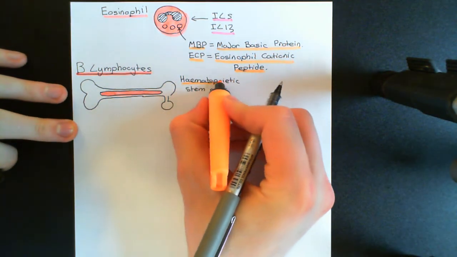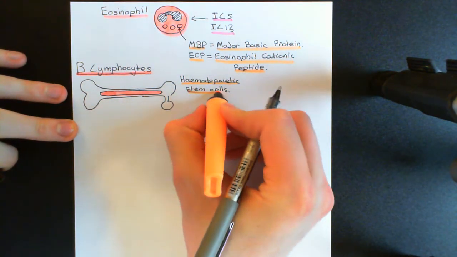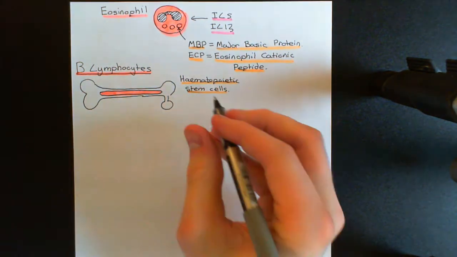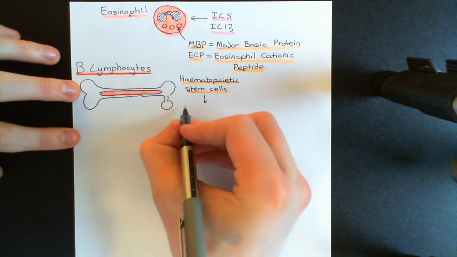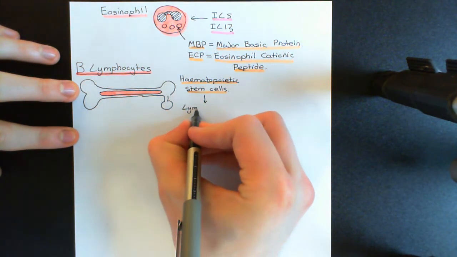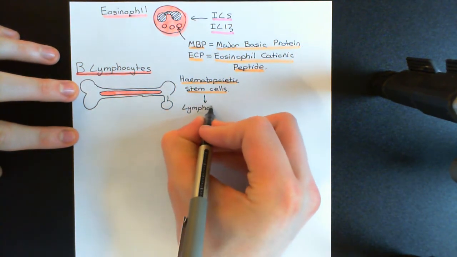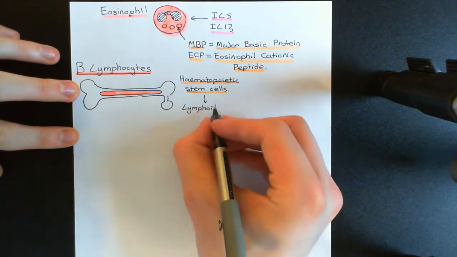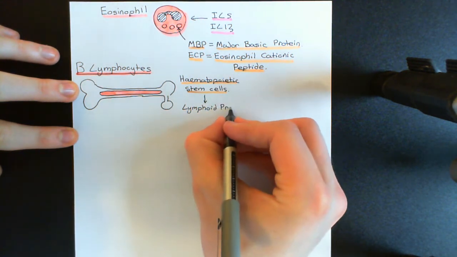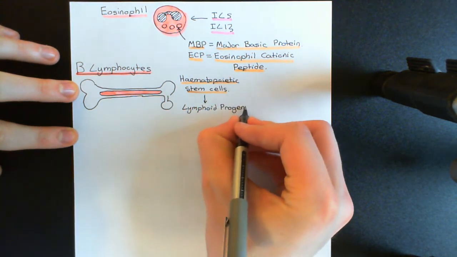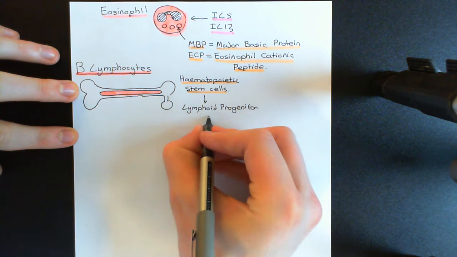Okay, so within the bone marrow we will have these hematopoietic stem cells, and these are going to give rise to lymphoid progenitor cells, and it's the lymphoid progenitor cells that not only produce us T lymphocytes but also produce us B lymphocytes. So these are the precursors to both T and B lymphocytes.